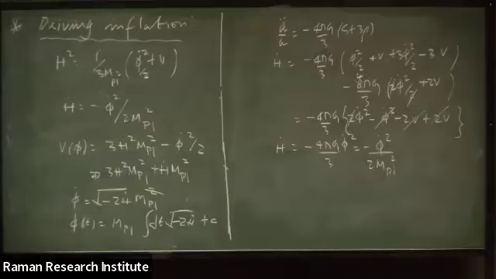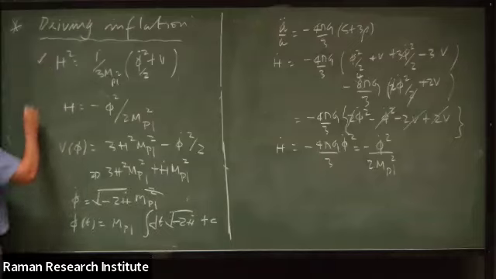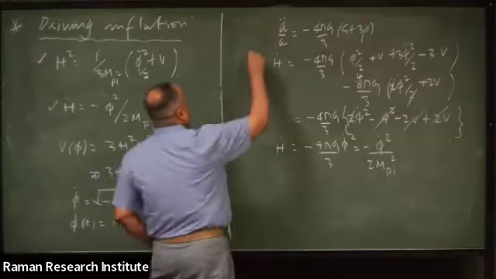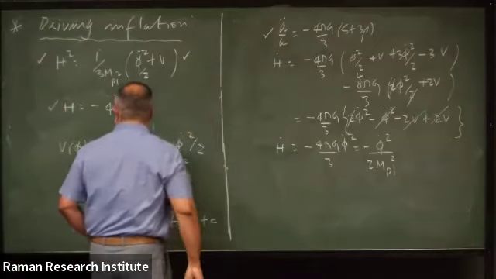All I have done is juggled around these two sets of equations that I had, nothing more. I haven't done anything more. So what have we obtained? This just follows from this equation and the first Friedmann equation, nothing more.